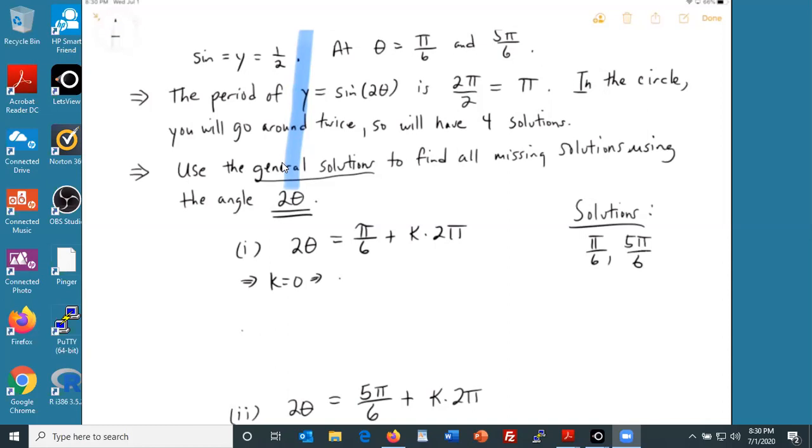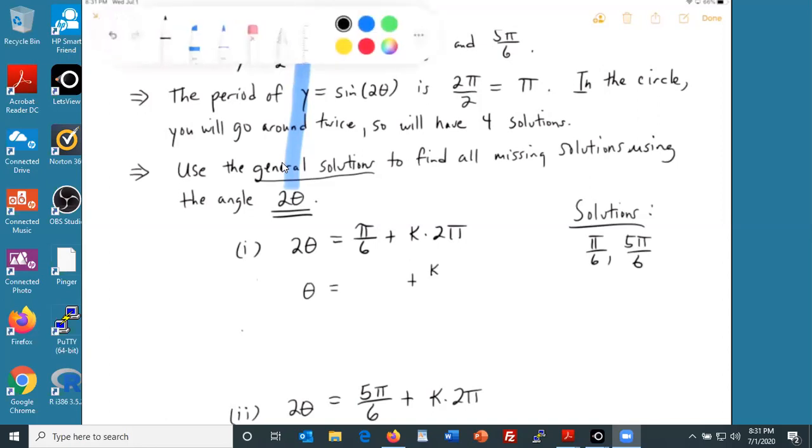Oh, actually, I forgot one little step here. That's why I was hesitating. I had a feeling I was forgetting something. I didn't solve for theta. So you have to divide both sides by 2 there, okay? If you divide both sides by 2, you can easily see that here we get k times pi.